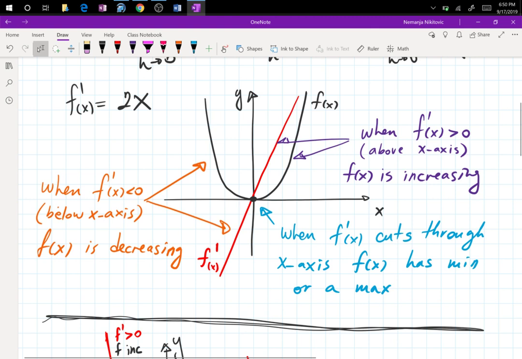I graphed both of those functions on the same coordinate system over there. And we introduced the first three concepts. One says if the function is decreasing, the derivative is negative, which means below the x-axis. When the function is increasing, the derivative is positive. And whenever the function has a min or a max, the derivative has a 0.